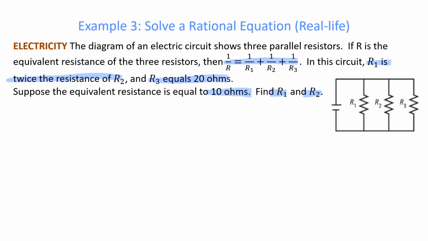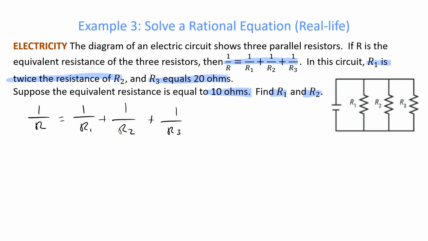So this is my key information that I have picked out from the paragraph of information that they have provided. Next, I will write out the equation that they have provided me. So 1 over R is equal to 1 over R1 plus 1 over R2 plus 1 over R3.